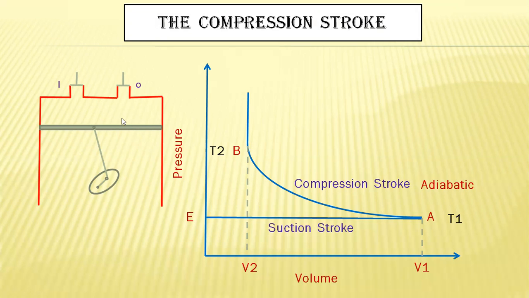That is, at constant volume, sparking takes place. Therefore, the pressure inside the cylinder increases, but the volume remains the same here. BC represents the combustion, T3 is the final temperature, V2 is the final volume. That is, during the combustion, the temperature increases from T2 to T3.